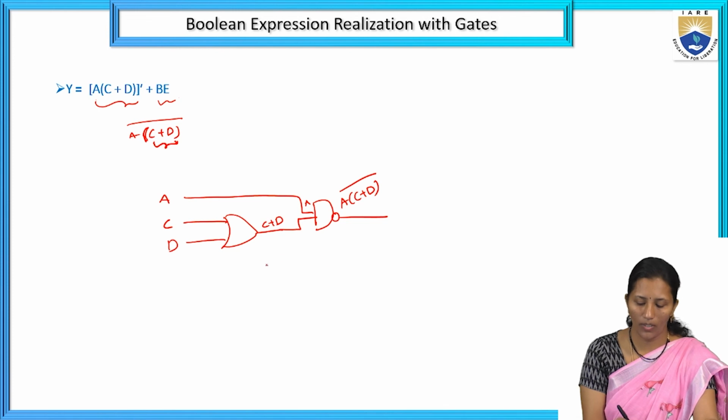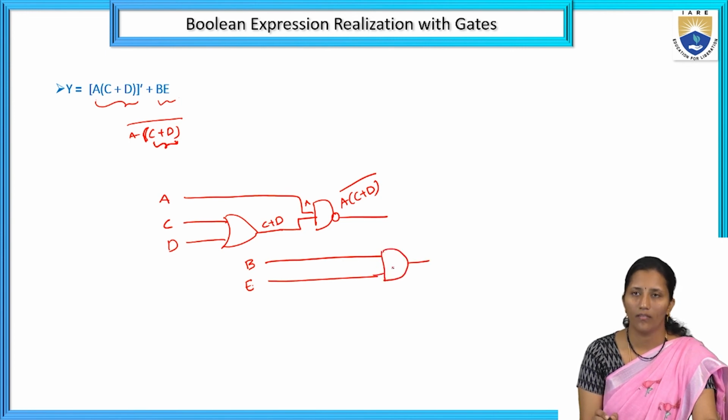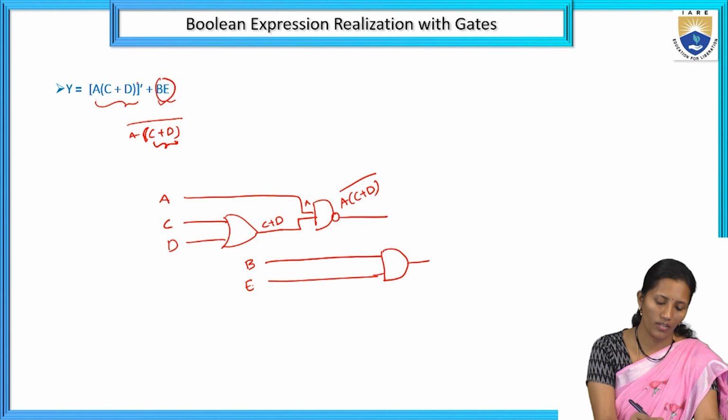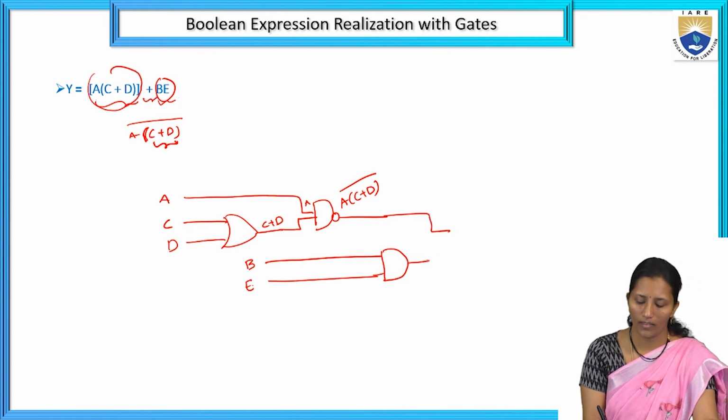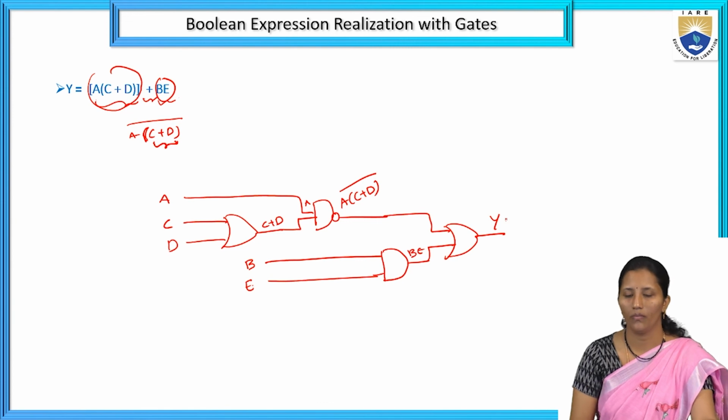The second term is B into E, so B and E are multiplied, and we use an AND gate. These two terms are added using the plus symbol, so take an OR gate. This is the final output Y.